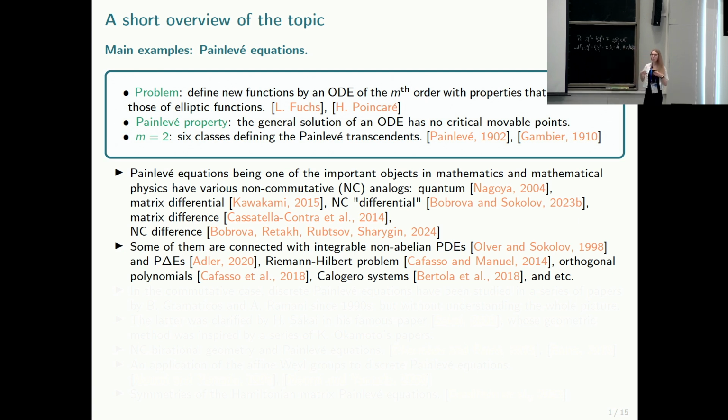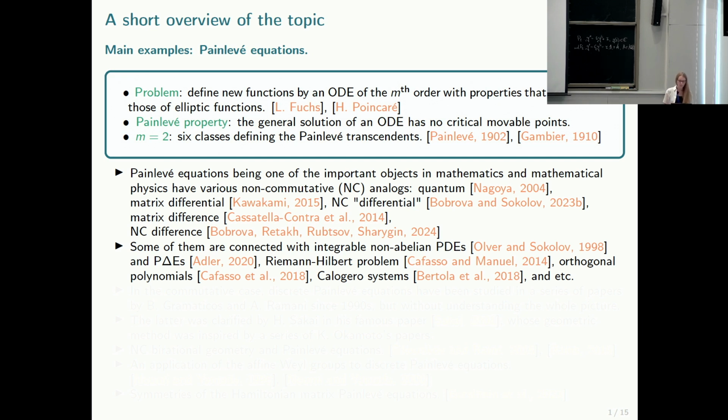So now we can go further and ask ourselves what if we replace our function y and variable z by non-commutative variables. And this is the setting in which I'm working.